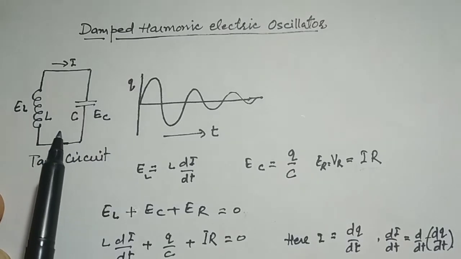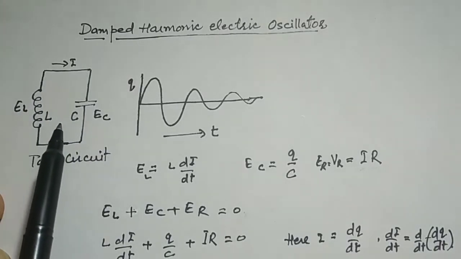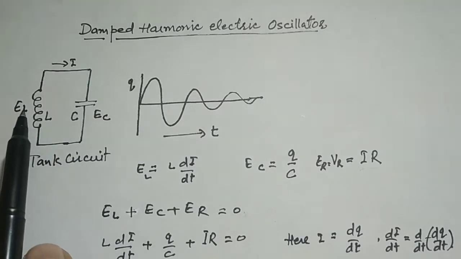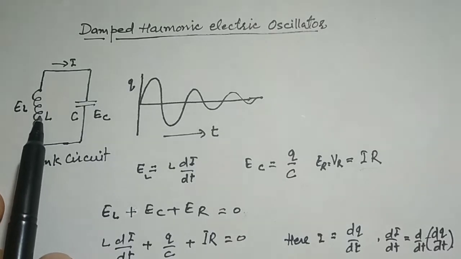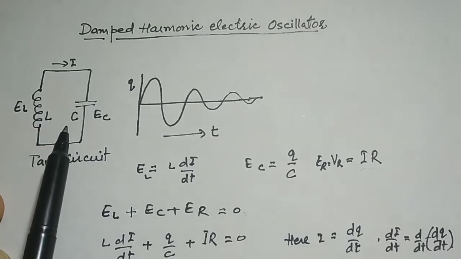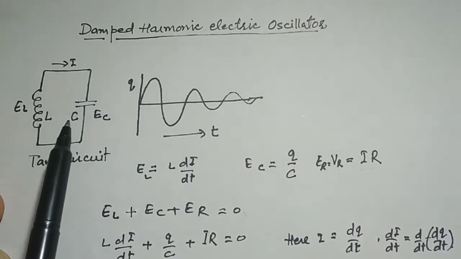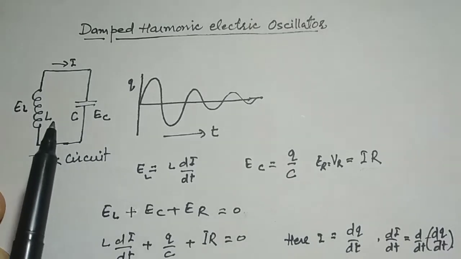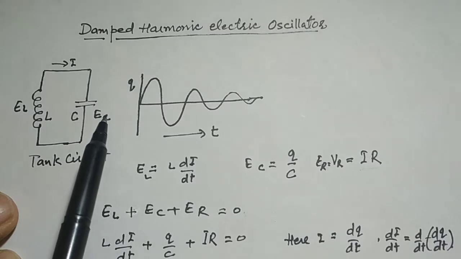Now in this circuit you see there is no source of electric current. Whatever current is there is induced from the external circuit through mutual induction, and according to Kirchhoff's law, the sum of all the voltages dropped across the different components L, C and resistance must be equal to 0.